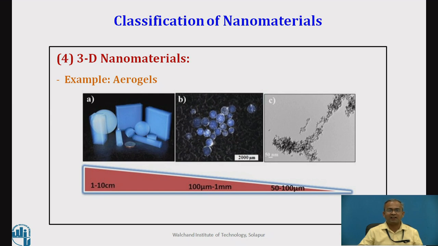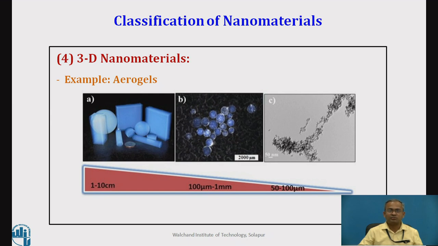Aerogels are ultra-lightweight, highly porous nanomaterials formed by replacing the liquid in a gel with air while maintaining the solid framework. Aerogels exhibit exceptional thermal insulation, low density, high surface area, and mechanical strength, making them useful in aerospace, energy, electronics, and biomedical applications.